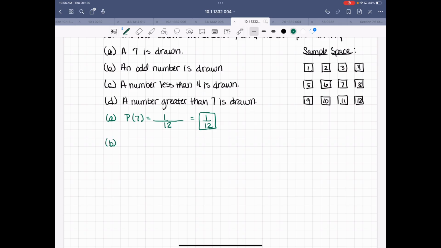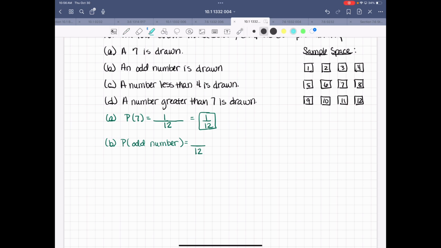B, I want the probability of an odd number. Well, once again, how many are in the sample space? 12, that's in the bottom.